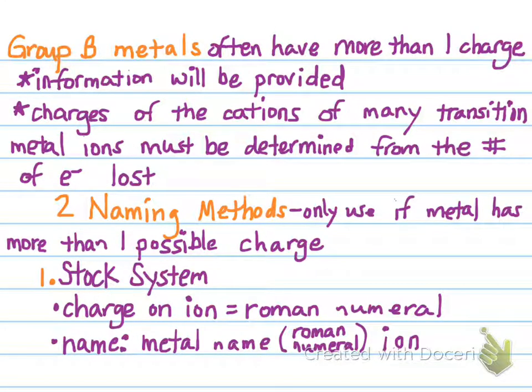In case you're not sure about Roman numerals: I is 1, 2 I's is 2, 3 I's is 3, IV is 4.